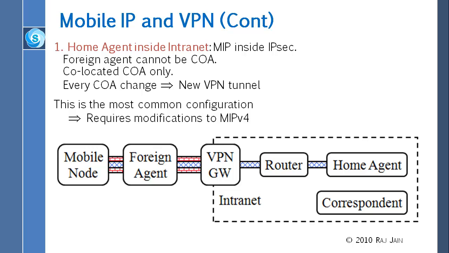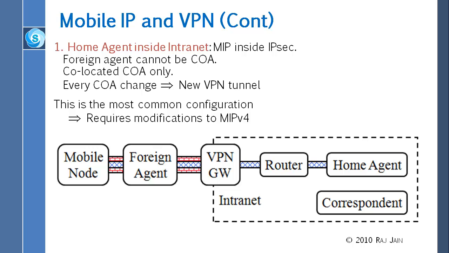So basically the home agent sends it to the router, this is a local router, which sends it to the VPN gateway, and the VPN gateway has an IPsec tunnel with the mobile node, and so all the packets go to the mobile node, and the foreign agent basically is not the care-of address. This is the most common configuration, and basically the old mobile IPv4 before this will require changes to do this.